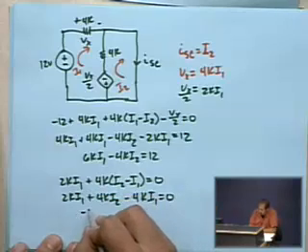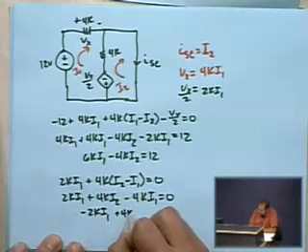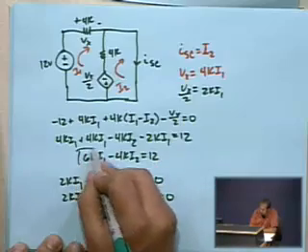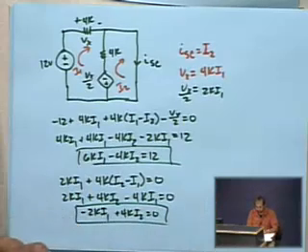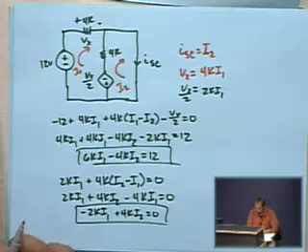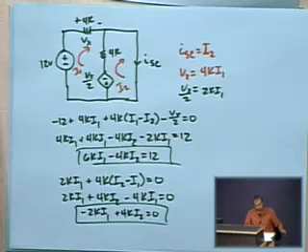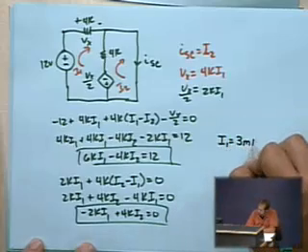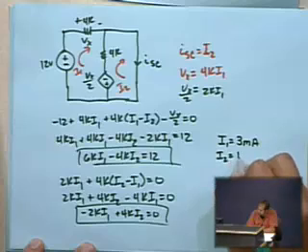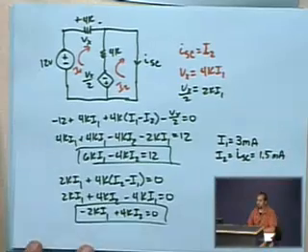So we get negative 2K I1 plus 4K I2 equals 0. These are our two mesh equations. Solving those simultaneously: 6,000, negative 4,000, 12; negative 2,000, 4,000, 0. We get that I1 equals 3 milliamps, and I2, our short circuit current, is 1.5 milliamps.